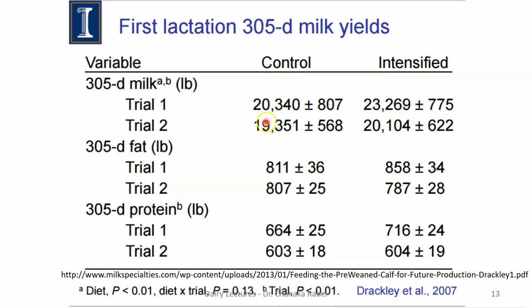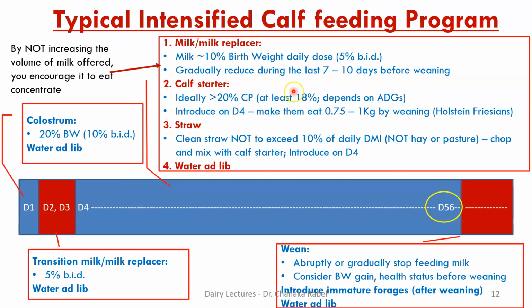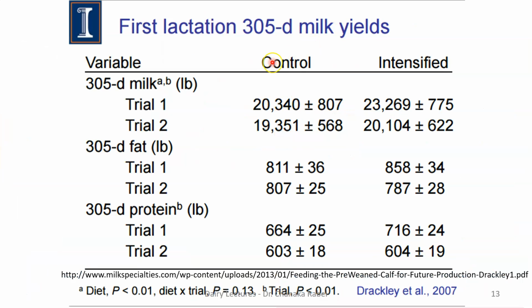Trial 1 and 2 were different for some other reasons. But diet is also different, meaning diet is responsible for this difference. Diet has an association with this difference. The difference being intensified calf feeding management, which I talked about here, versus conventional calf feeding.